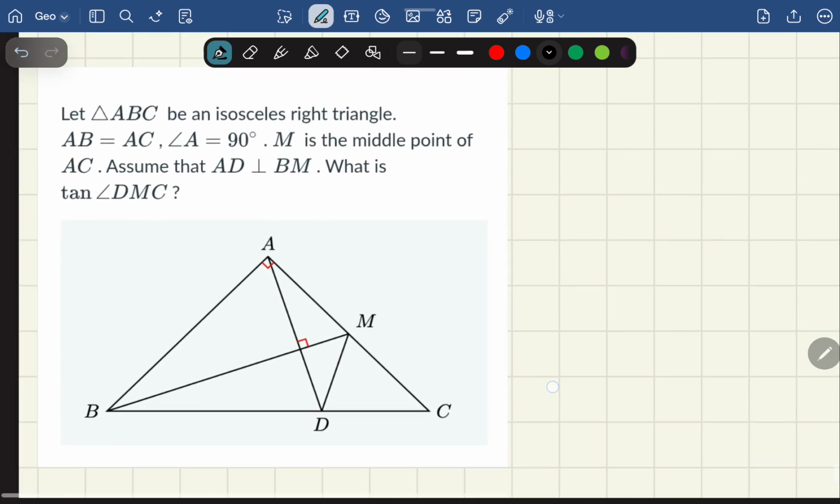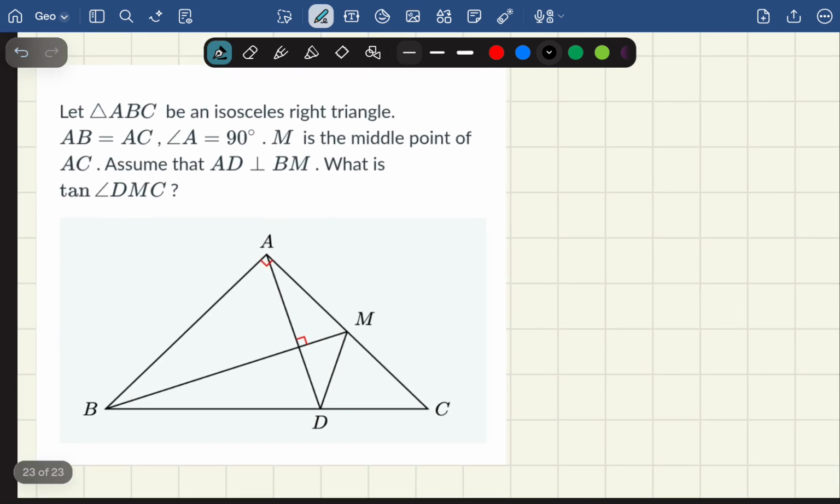Okay, next we go to here, isosceles right triangles. Now, in isosceles right triangles, you can just use the symmetry of the thing. So this is 2, 2. We can just suppose that's 2, 2.